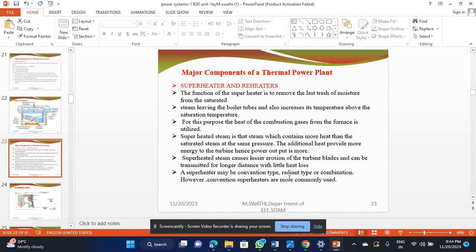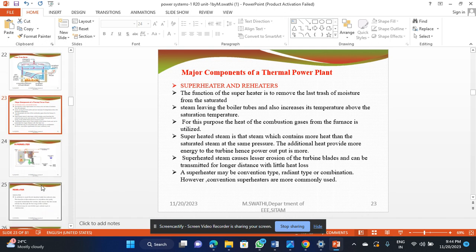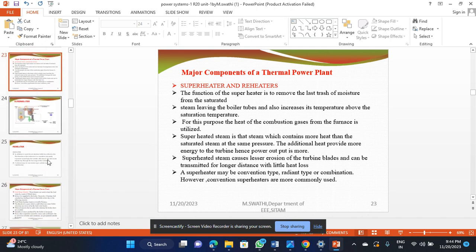A superheater may be convection type, radiation type, or a combination of both, depending on how the heat energy is transferred to the steam. These are the main components of the thermal power plant.